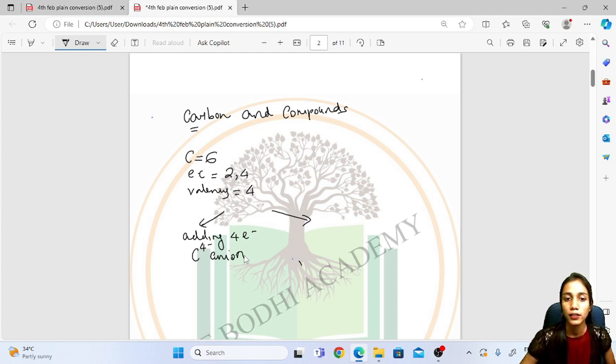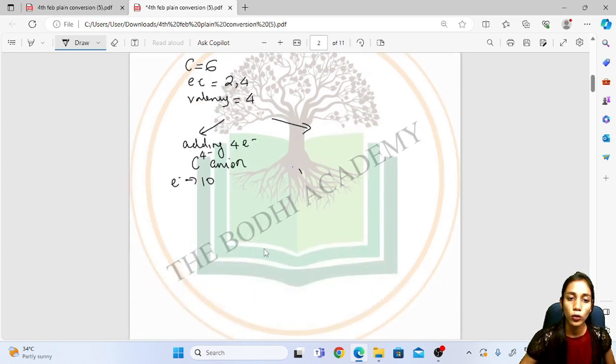Now we know that the atomic number is 6, meaning the number of protons present in the nucleus is also 6. I have added 4 electrons, so the total number of electrons in the carbon is 10. The nucleus contains 6 protons and the entire atom now contains 10 electrons.